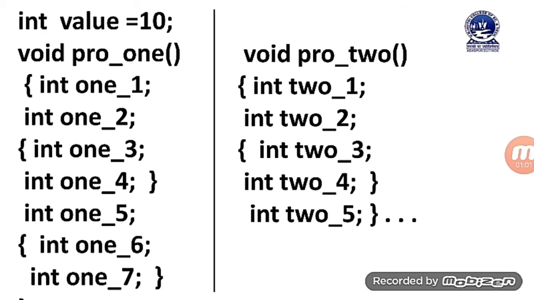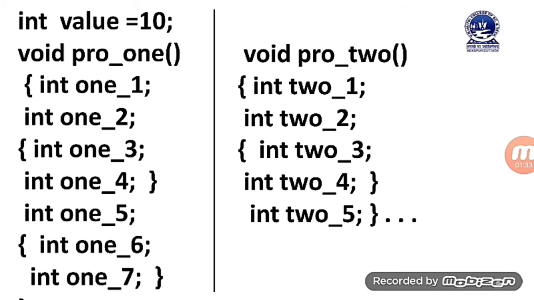Then outside of the inner block I have used another variable, int1_5. Then again I have used another inner block, and inside it I have used int1_6 and int1_7. It means that in the void pro1 method I have used 7 variables, declared or defined in different structures or inner blocks.